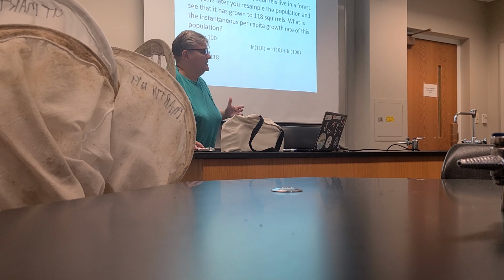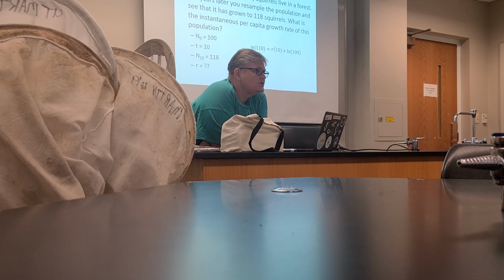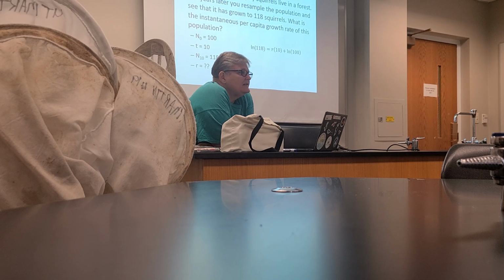Okay. And so we have a population of 100 gray squirrels. So we can write down our n sub 0 is 100. 10 years later, you resample the population and it has grown to 118 squirrels. And so our time period that elapsed was 10 years.